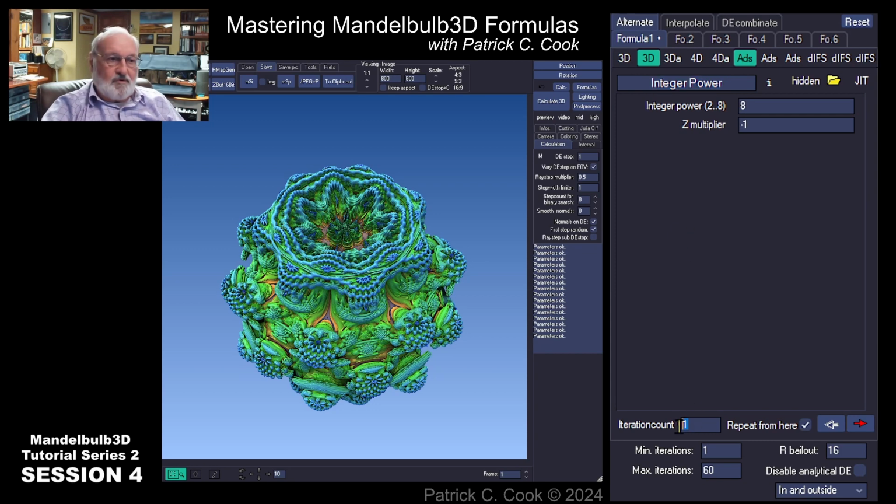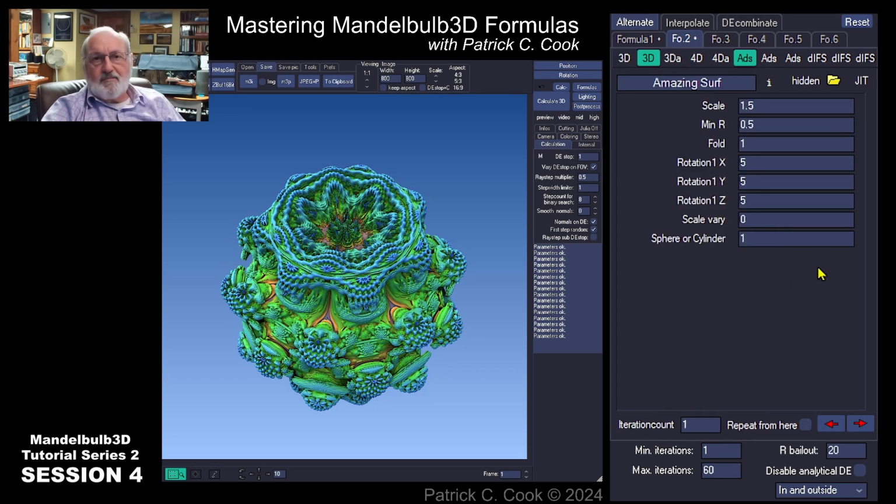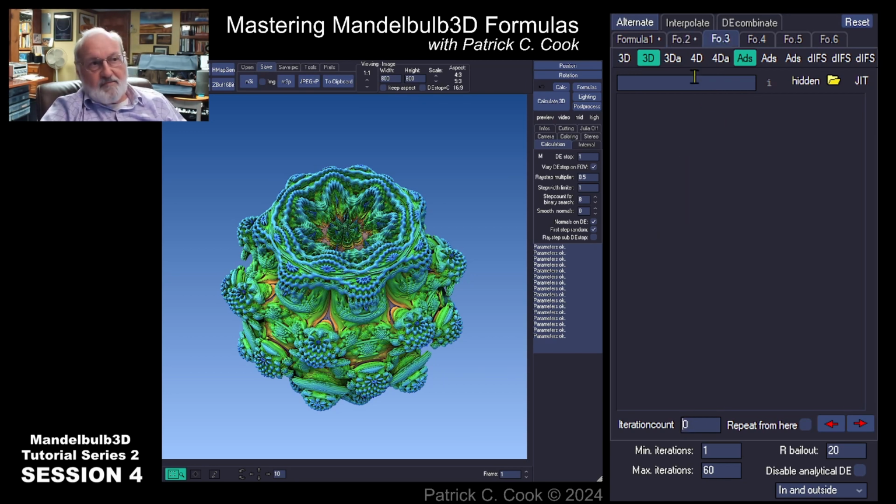Let me put an iteration count value of 5. Now let me go over to formula slot number 2 and pick any old formula. I'm not concerned about the formula right now. I'm only trying to show you this iteration count. I'm going to put in a value of 8. Let me go to formula number 3, put something in there, anything, and give that an iteration count of, I don't know, 16.